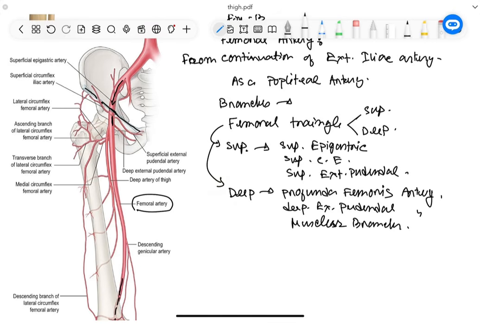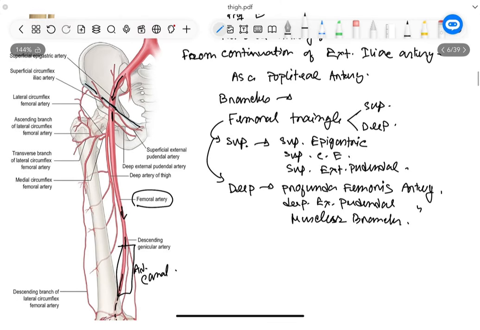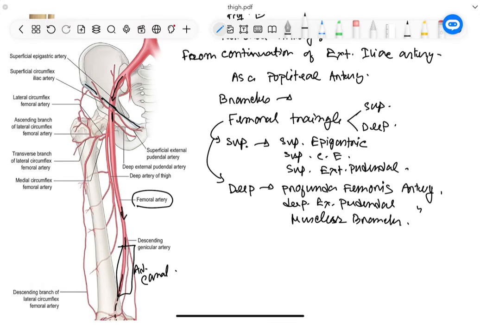Now when the femoral artery comes further down, it reaches a canal in the middle aspect of the thigh. The name of this is the adductor canal. In the dissection video I discuss the adductor canal in more detail. Right now just remember the adductor canal area and what the branches are. In the adductor canal it gives branches for the muscles again, so it is called the muscular branch, and the descending genicular artery also.